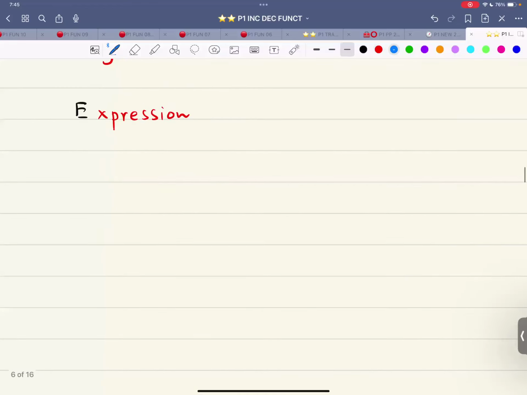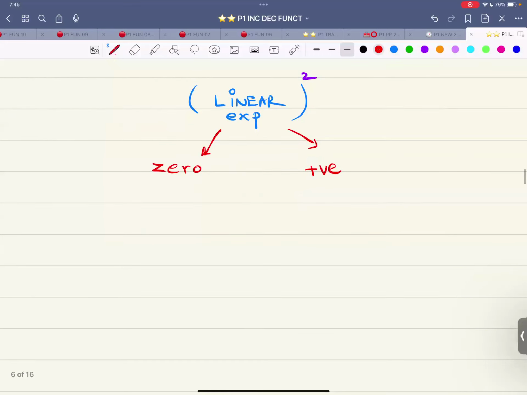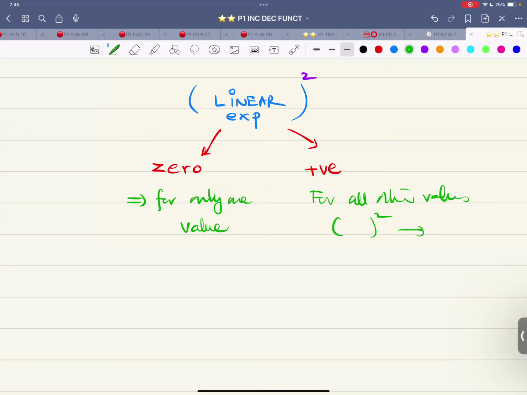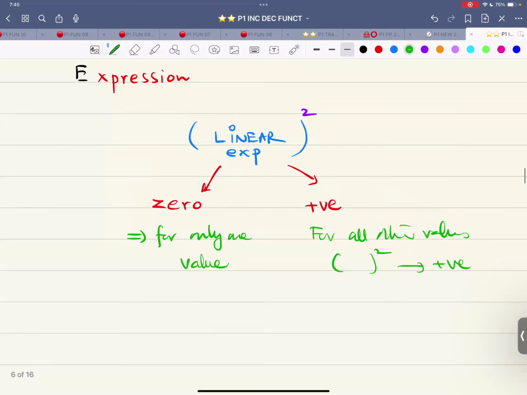That means if there is a linear expression inside a bracket and there is a square on the outside, there are only two options possible. Either it will give me a 0 or it will give me a positive value. It will give me a 0 for only one value. Why? We will soon see. For all other values, the squared expression will always be positive. In other words, it will never be negative. So let me write over here.